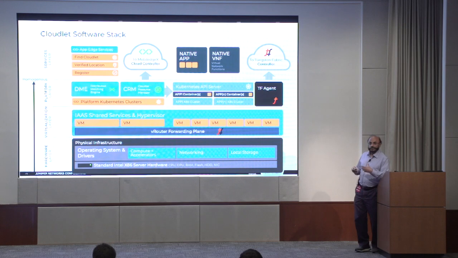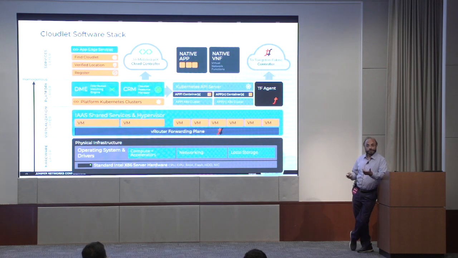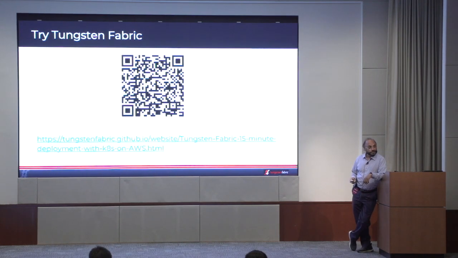And earlier I mentioned the lightweight Kubernetes based blueprint. There are a few other blueprints which are in the works, which will address the IoT space. So this is how Tungsten Fabric and Akraino work together to bring the edge use case. Here is a link. If you want to play with Tungsten Fabric, you can just pull it down.